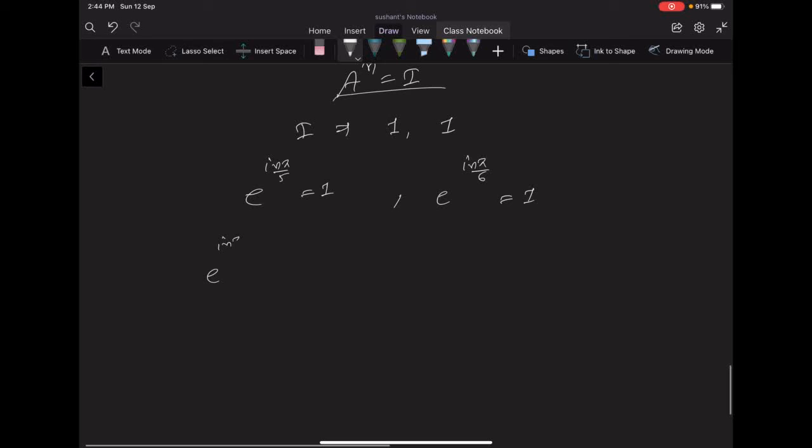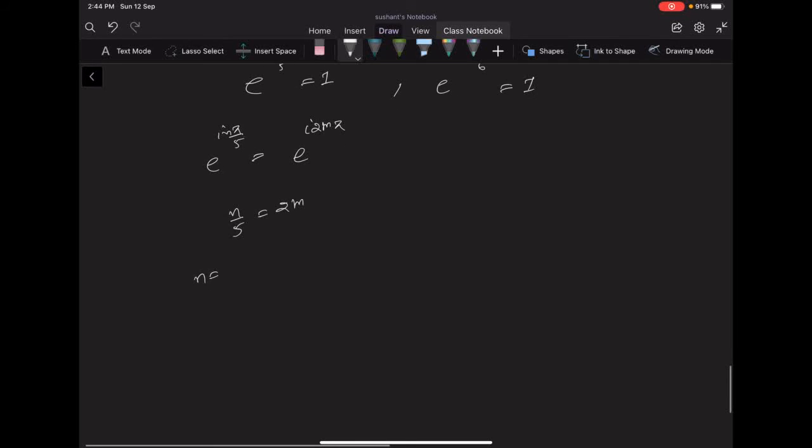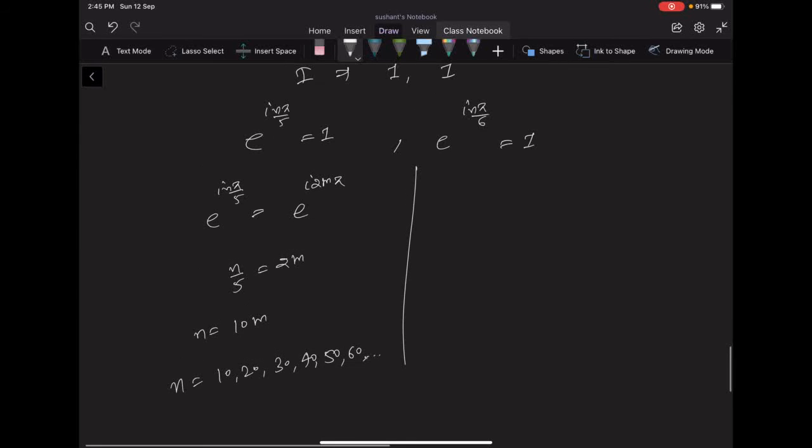Now 1 we can write as exponential i 2m pi. Then we compare and we get n over 5 equals 2m. So n is 10m, where m is an integer. So n can take values 10, 20, 30, 40, 50, 60, etc. And here exponential i n pi over 6 equals exponential i 2m pi, so n over 6 equals twice m.